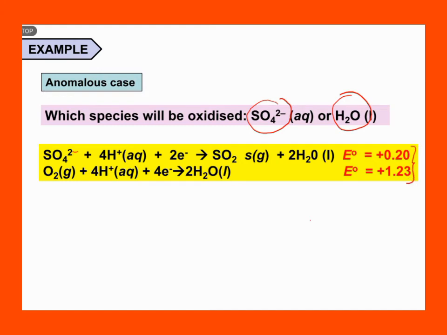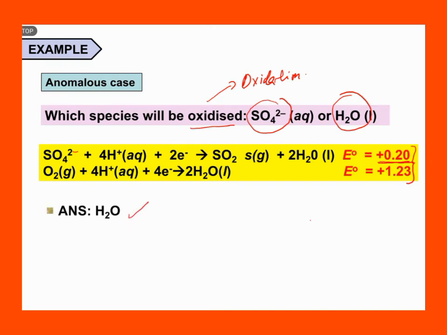After that, we compare these two E naught values. To undergo oxidation, it must be the one with the more negative value. The more negative value of these two is the sulfate ion, so it is supposed to answer this question as sulfate. But the answer is water.